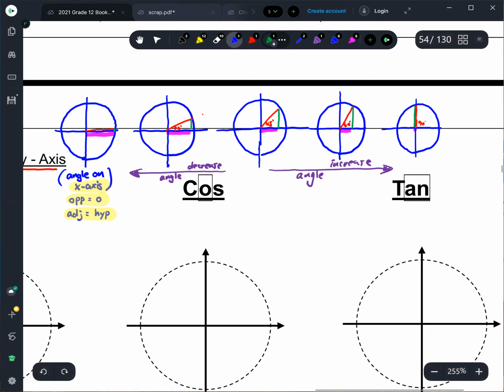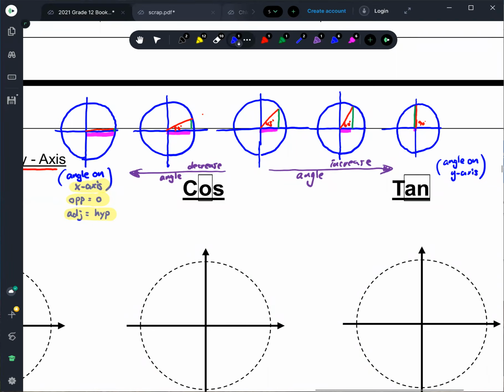So here, let's write down the conclusion. If the angle goes on the y-axis, whether it's on the top or bottom, your adjacent side will be 0, and then your opposite side will be the same as hypotenuse.